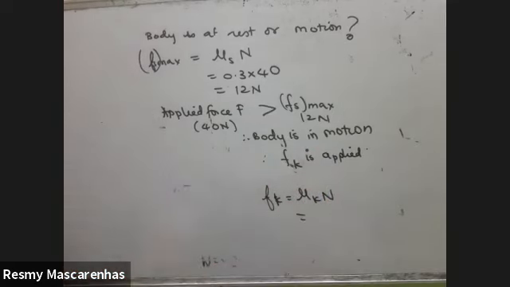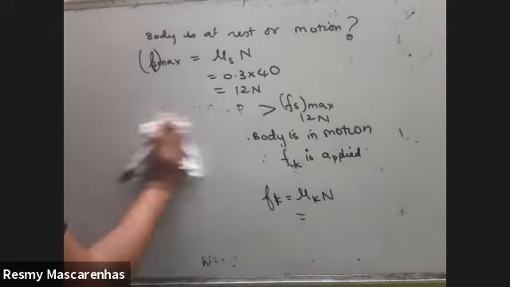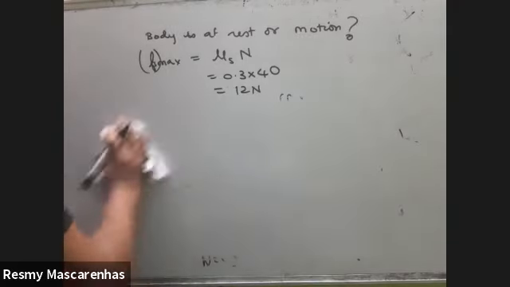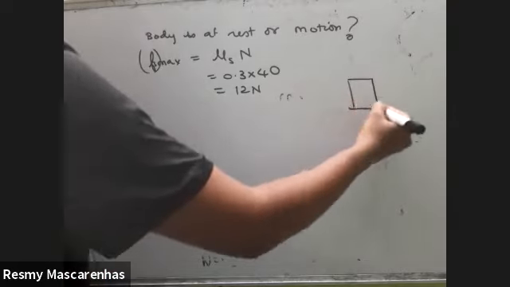Mu k is given to me as, oh wait, 1 second. Which side will the body be in motion? We'll have to calculate that for the diagram. This will not compare with this one. The diagram is this side now.